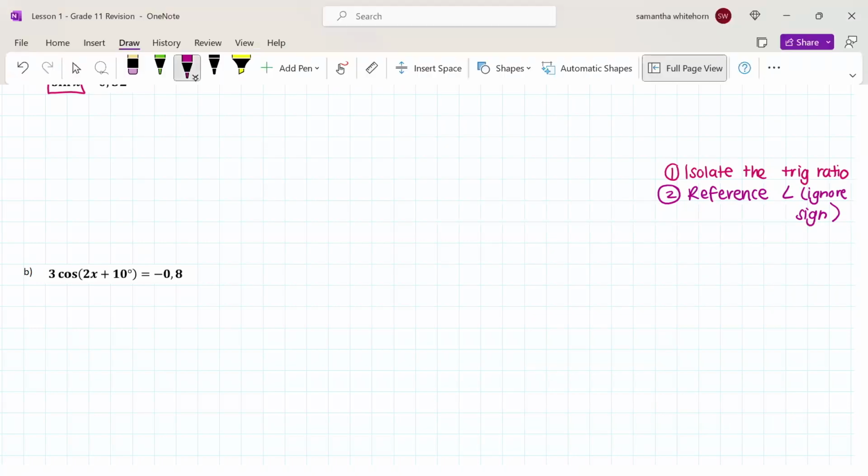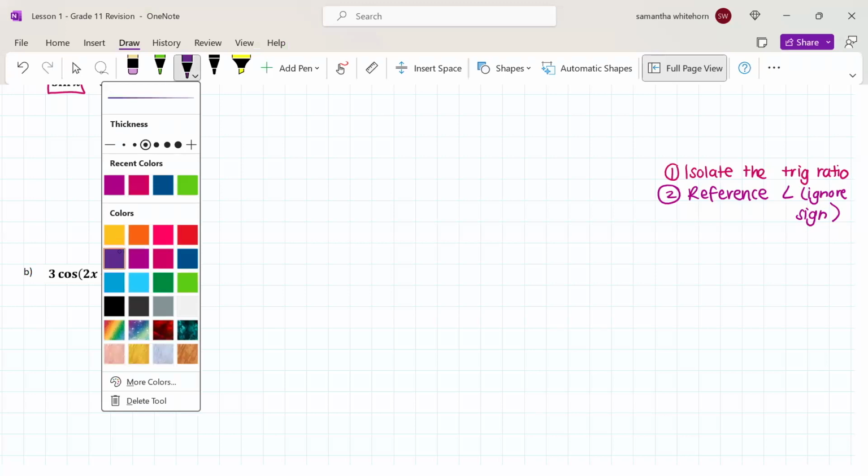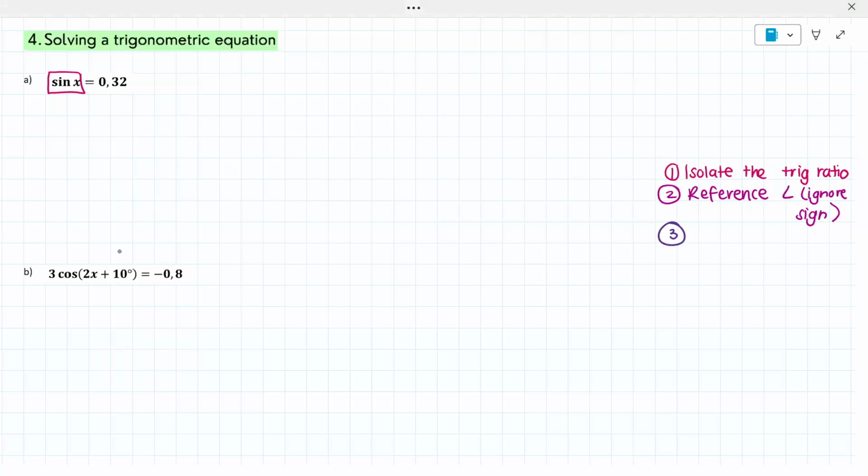Once you've got your reference angle, the third thing that you want to do is use the sign of your ratio. So we ignored it when we did the reference angle, but now we use it to determine which quadrants we're working in. And it's important to determine the quadrant we're working in because we need to know what reduction formula we're working with.